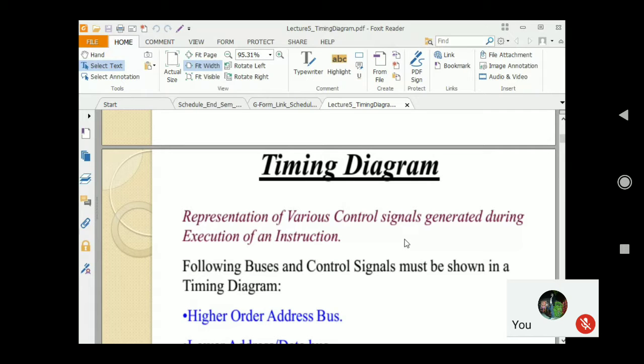And if I store the instruction, then in that instruction there might be lots of control signals at a particular instruction. Suppose I want to generate a particular instruction for moving a number from a memory unit to my accumulator A. That is MOV A, M, meaning moving from memory unit to accumulator.